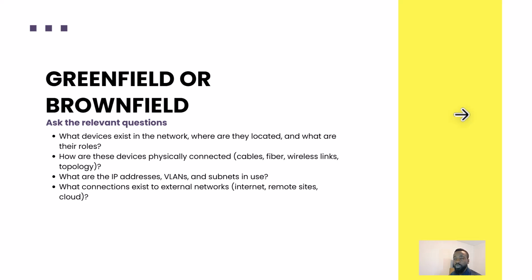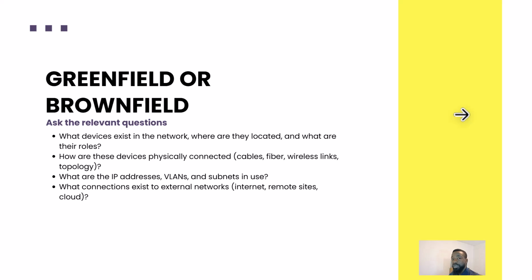If it's a greenfield, obviously you'll be there while the network is being deployed. So you would be able to come up with the network diagram as it's being deployed, and make as much documentation as you need to make. If it's a brownfield deployment, it's a little bit different because you might not have been there when this network was deployed. You might just have been employed and told, we need to document our network, get on it, right? So it's different.